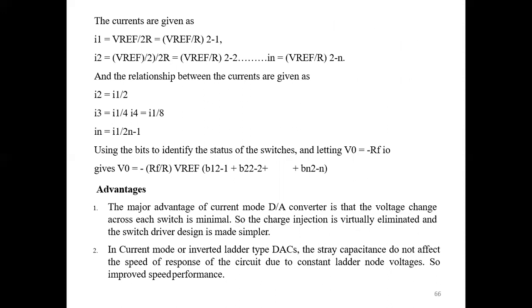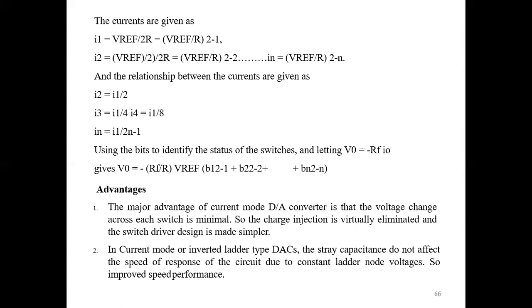The advantages of current mode: the major advantage of the current mode D to A converter is that the voltage change across each switch is minimal. So the charge injection is virtually eliminated and the switch driver design is made simpler.